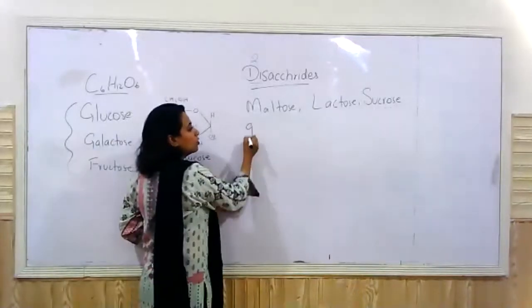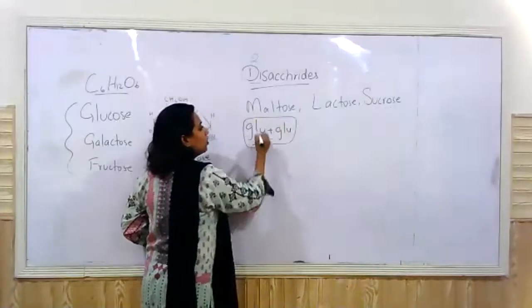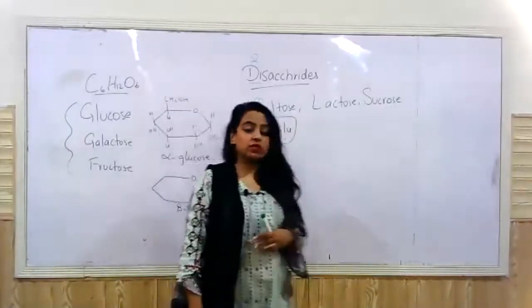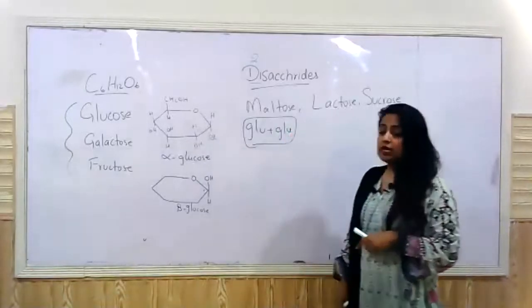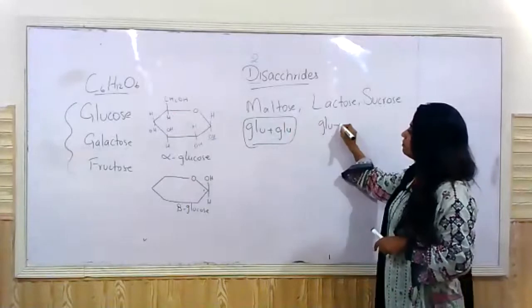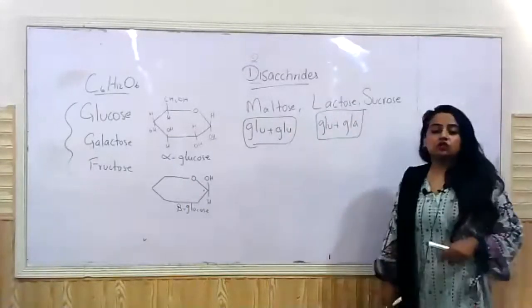You can say glucose plus glucose gives rise to what? Maltose. Two glucose molecules linked together, we'll see how. They form a bond and they give rise to what? Maltose.